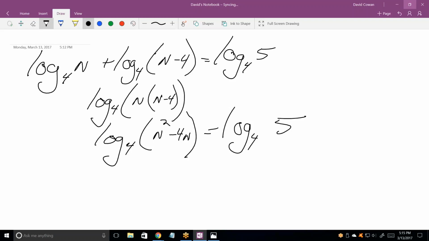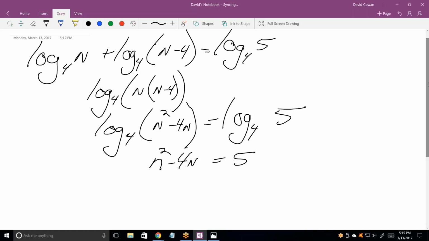I hate to hear anybody say you can cancel out the logs, because that's not really what you're doing. If I have the log of some number equals the log of another number, then those two numbers have to be equal. So I can say n squared minus 4n equals 5. That's a quadratic. Let's solve for it.